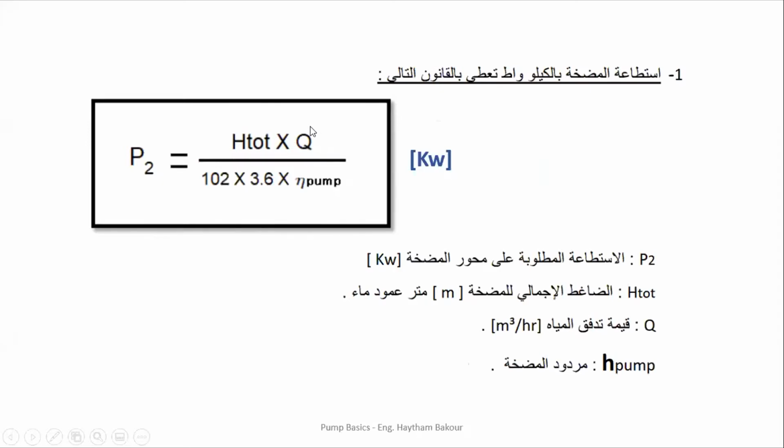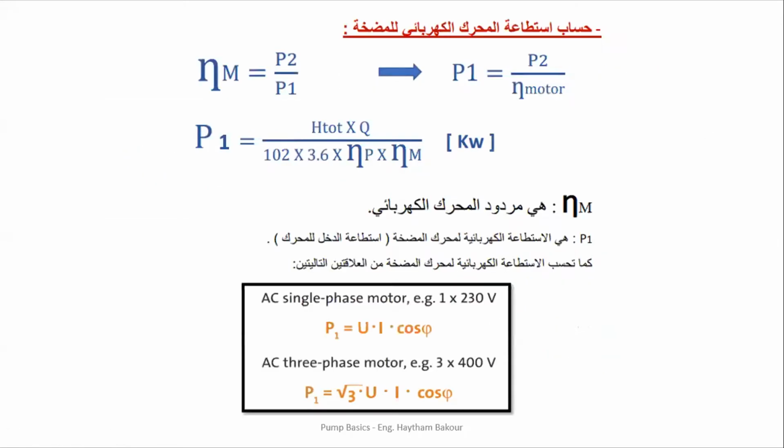P2 is H total multiplied by Q, the flow rate, divided by 102 multiplied by 3.6, multiplied by the pump efficiency, in kilowatts. We are going to use this equation only. This is the reference equation to know how much power the pump is giving. Q is in cubic meters per hour, and H total is in meters of water.